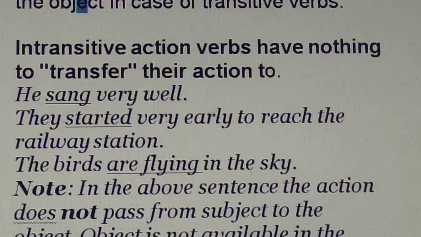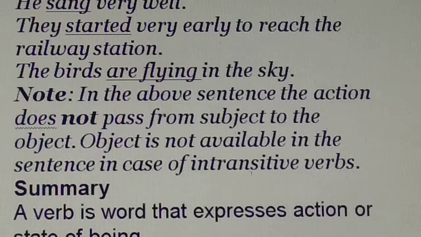He sang very well. They started very early to reach the railway station. The birds are flying in the sky. Note, in the above sentence, the action does not pass from subject to the object. Object is not available in the sentence in case of an intransitive verb.